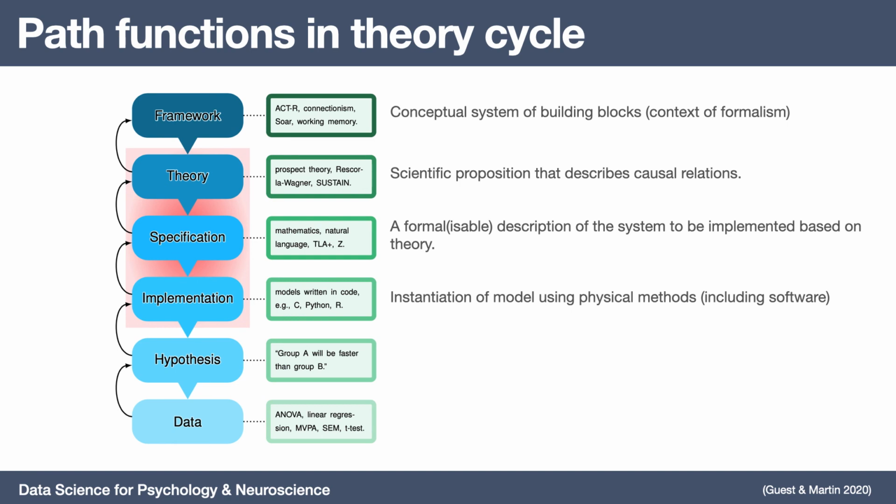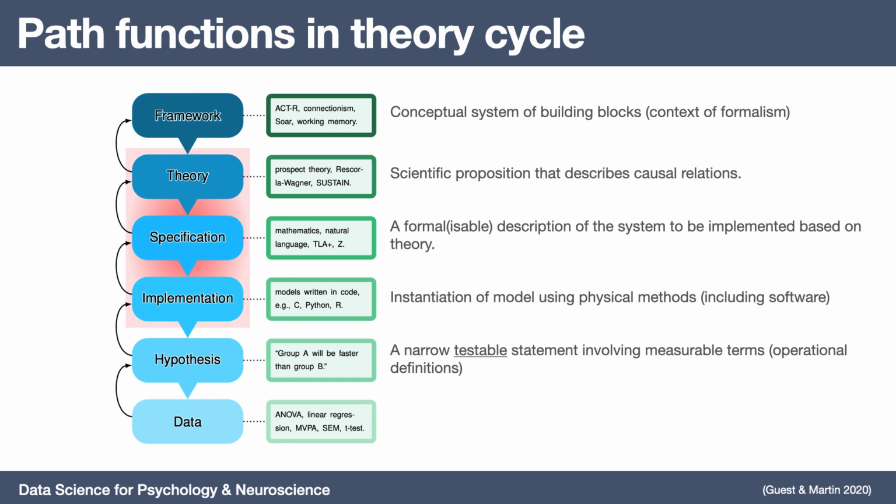Within that, you have a particular way of instantiating that computational model. And this you could think of as the code. In this class, we're using R, but you can use MATLAB, Python, C. But this is the formal implementation of the specification. So this is going from the geometrical equations of pizza surface area to the Python code.